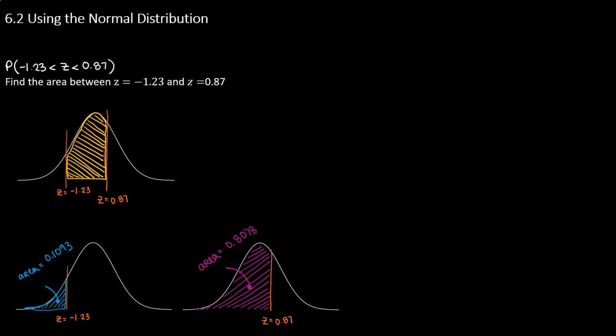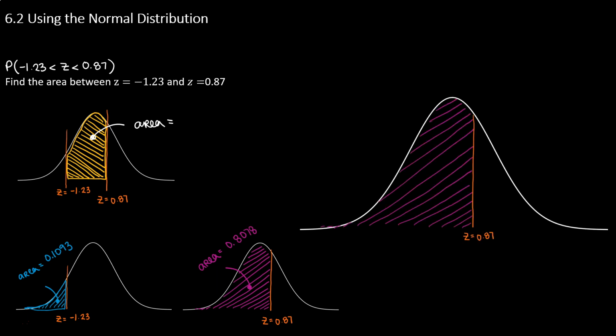Now I have a blue area and I have a purple area, but what I'm interested in is this yellow area. And that yellow area is going to involve both the purple and the blue. So the purple area, that's more than what we want, right? The yellow area is smaller than the purple area because it has that left tail cut off. Well, that left tail that we need to cut off is the blue area.